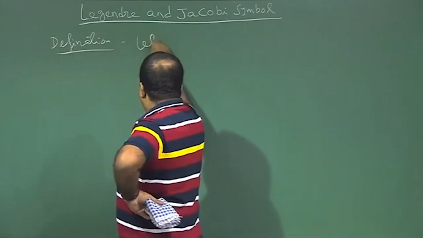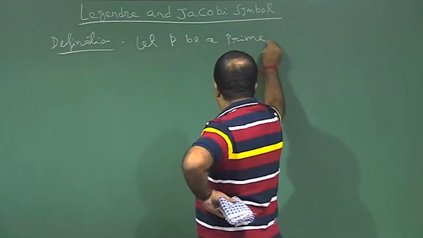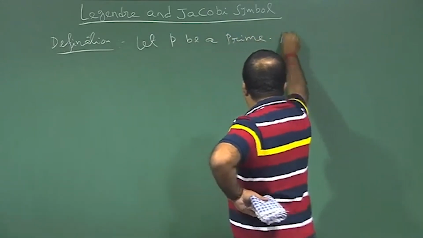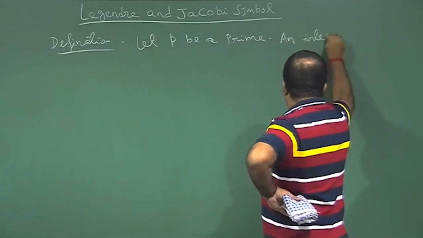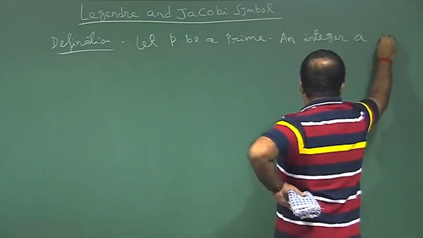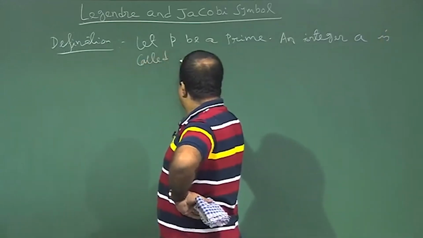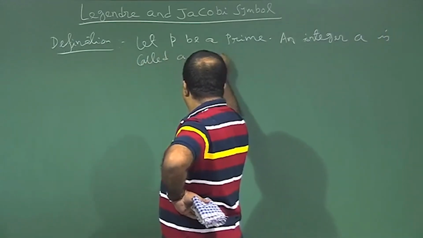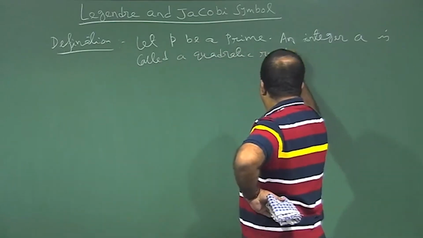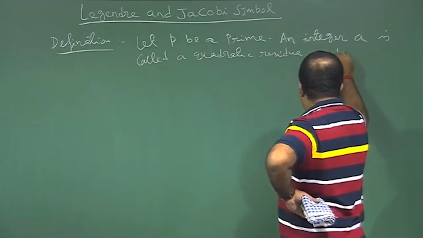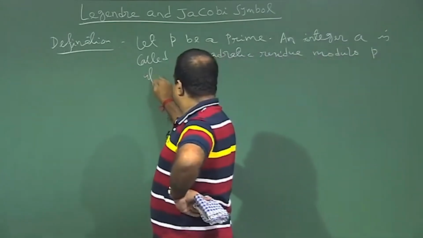So, let p be a prime and an integer a is called, just to recap, a quadratic residue modulo p if it has a square root.